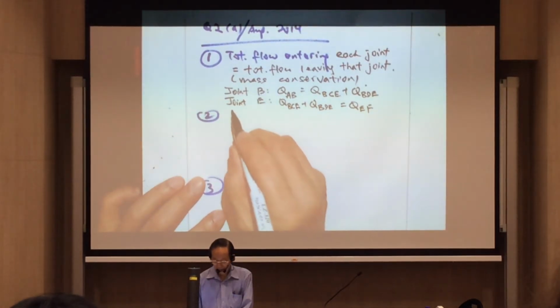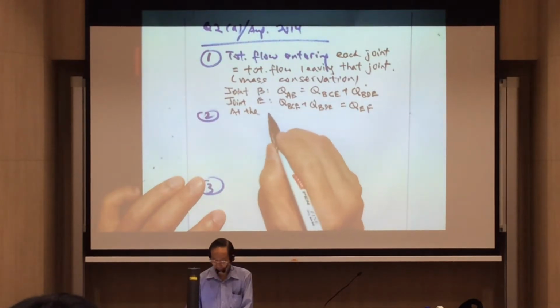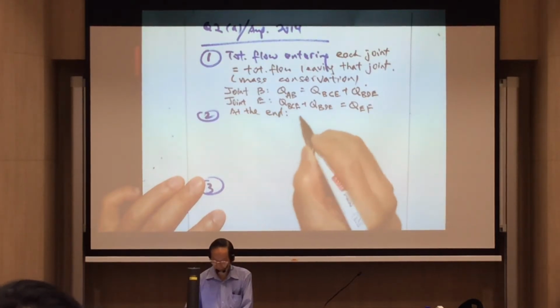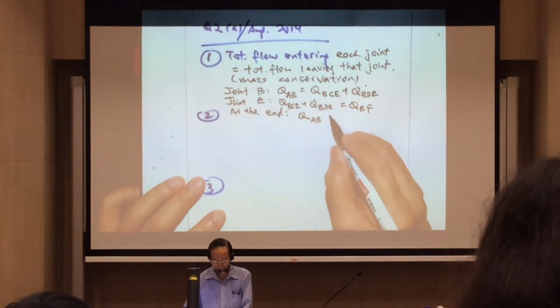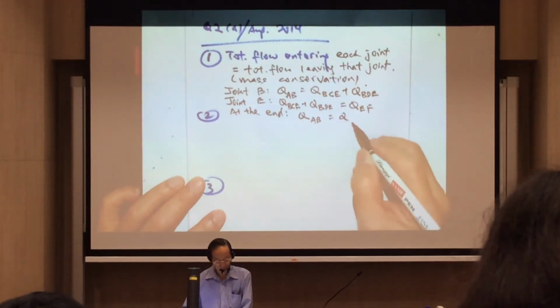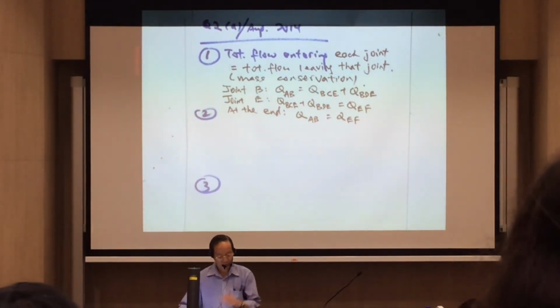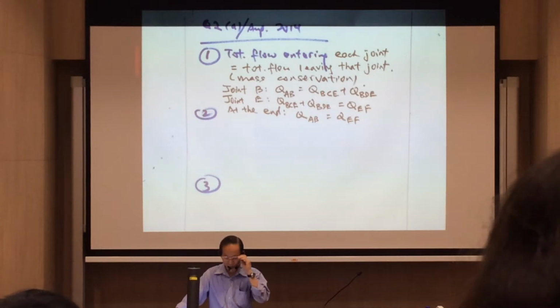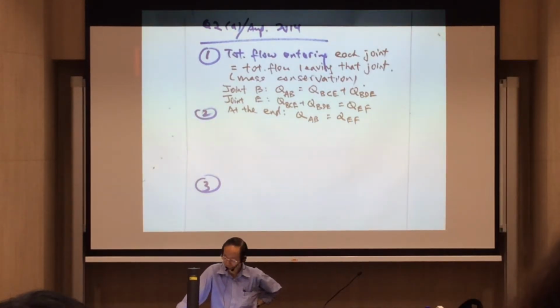And eventually, the flow going through section AB must equal the flow through pipe section EF. Alright, so there's mass conservation.